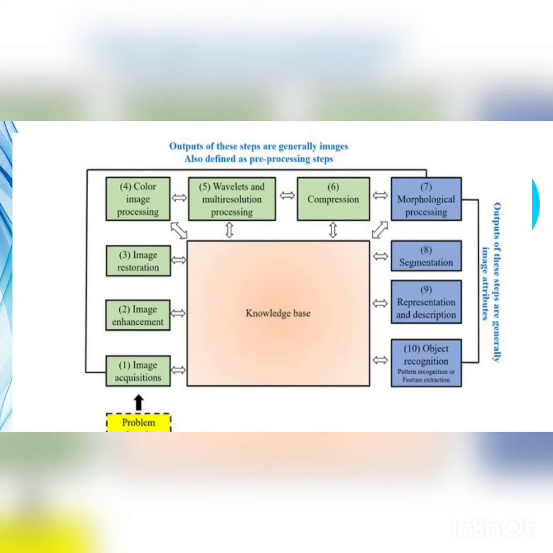As you are all familiar with this figure that we have already studied, it contains 10 processes: image acquisition, image enhancement, image restoration, color image processing, wavelet and multi-resolution processing, compression, morphological processing, segmentation, representation and description, and object recognition.